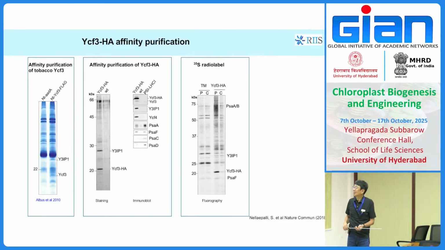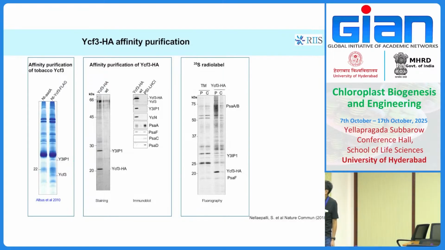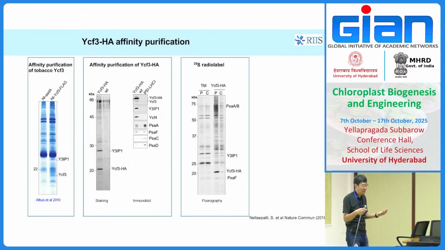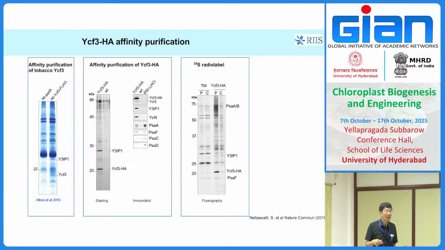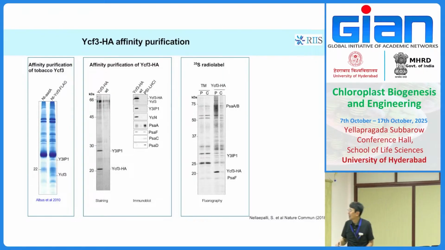So this means that newly synthesized PSAA and B are transiently bound to YCF3. And also YCF3 itself turns over. This means turnover. This is newly synthesized and it disappeared, digested.